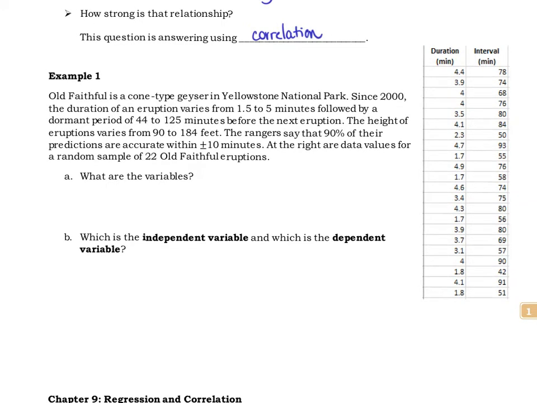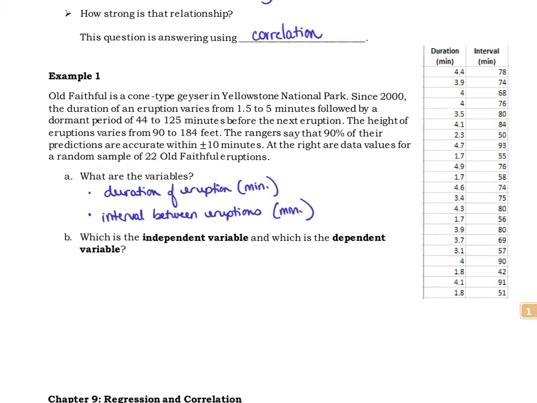So one of those is the duration of the eruption, and that's measured in minutes. So how long that eruption lasts. And then the other one is the interval between eruptions, and that's also being measured in minutes.